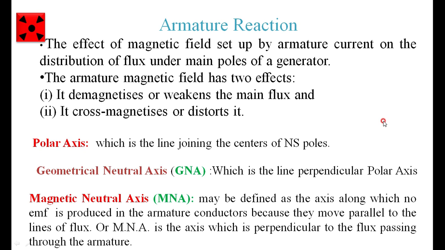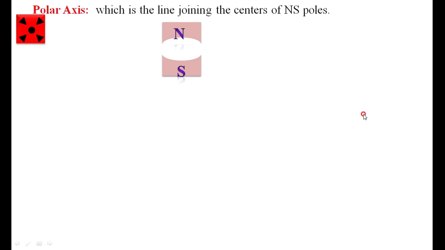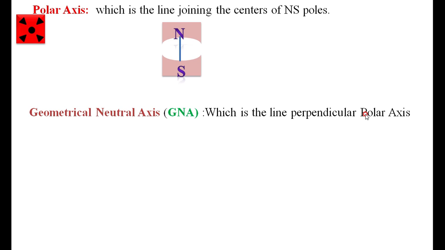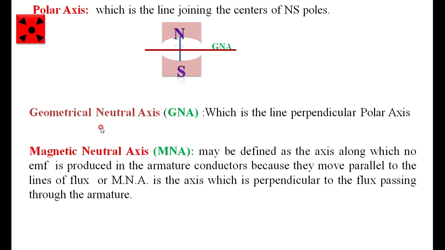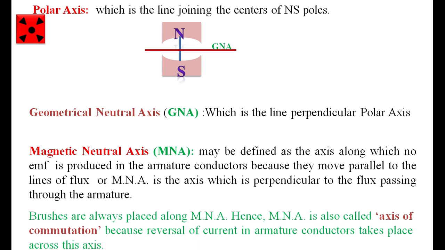Now we have the magnetic neutral axis, defined as the axis along which no EMF is induced, or the line perpendicular to the magnetic flux. That we will define now.